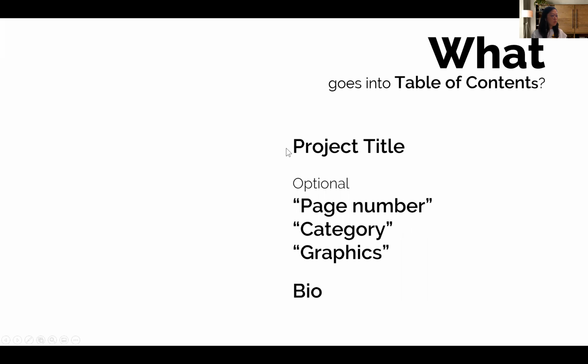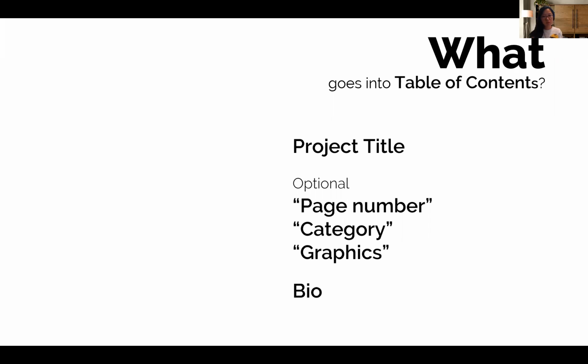First, you need to have the project title, and you might need to include a page number. You may or may not, but when you insert the page number, you need to think about how you can reorganize the page numbers when you edit your portfolio.